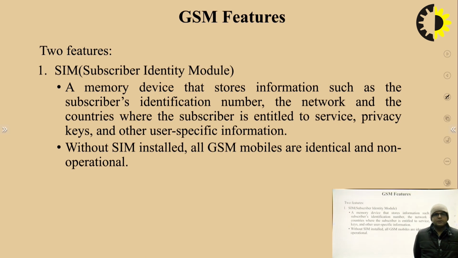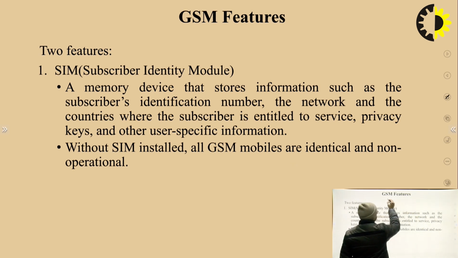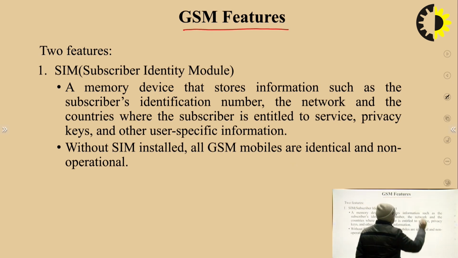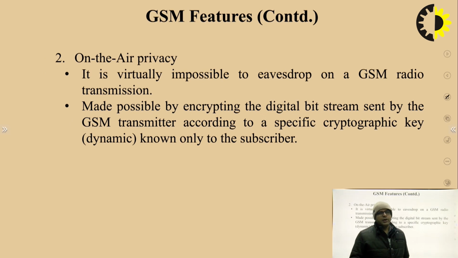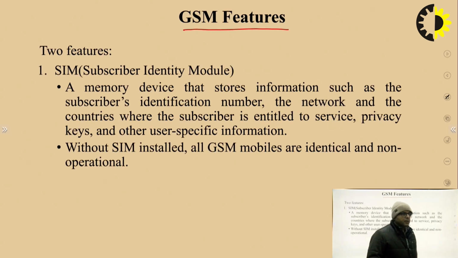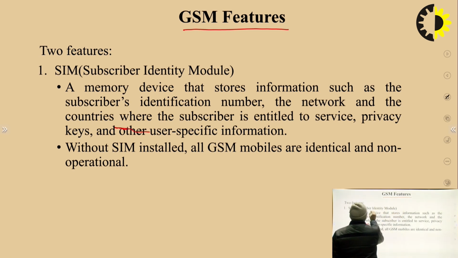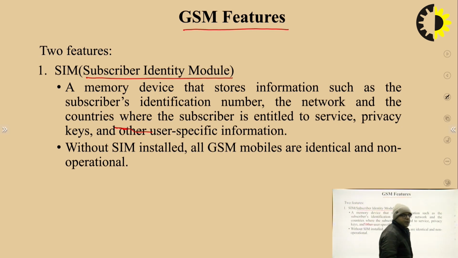Now we will discuss the GSM features. What are the GSM features which differentiate this standard from the previously existing standards? In GSM features, there are two important facts. One is SIM and the other is on-air privacy. This is the unique feature which GSM has provided and it is popularly known as SIM, Subscriber Identity Module.